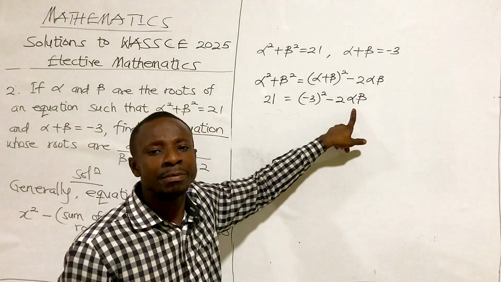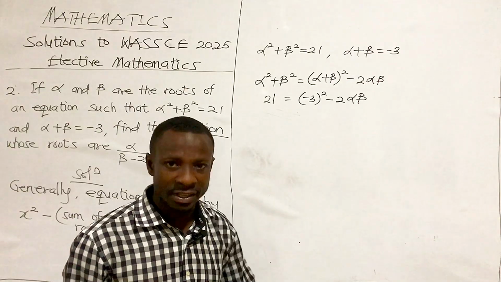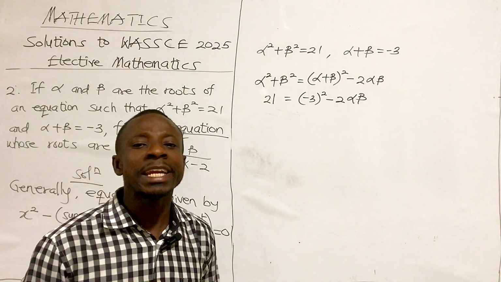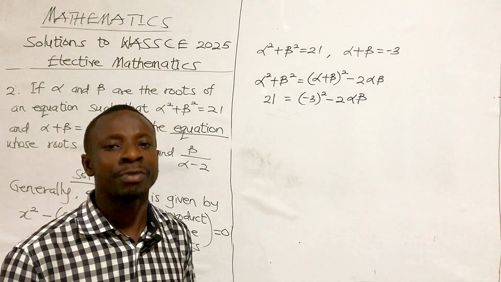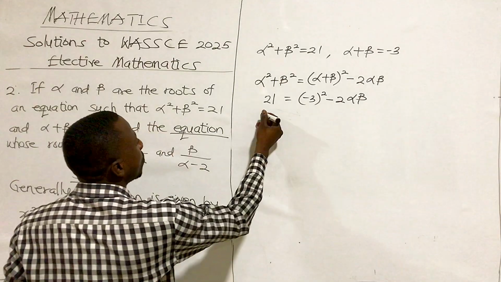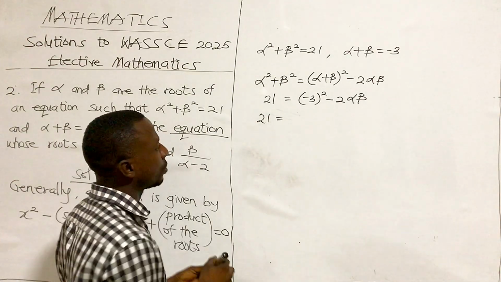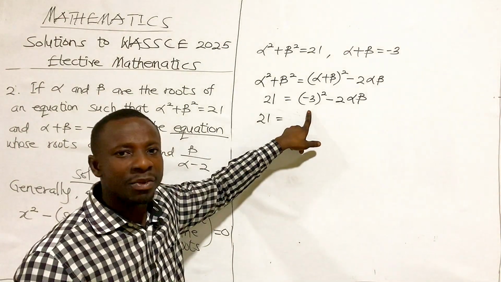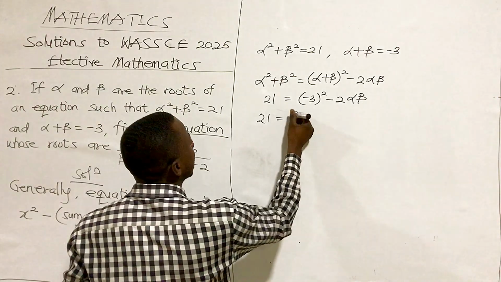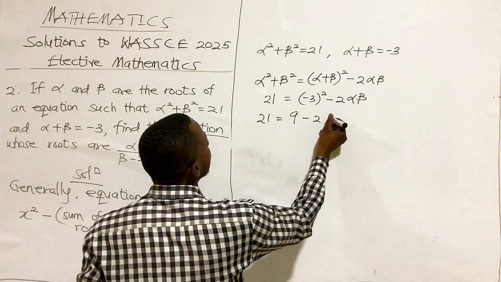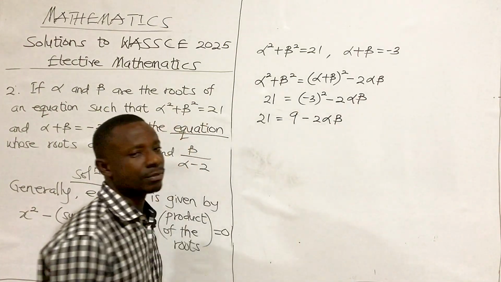The alpha beta was not given in the main question, and there is a need for us to find it. So we have 21 equals negative 3 all squared, which is 9, minus 2 alpha beta.